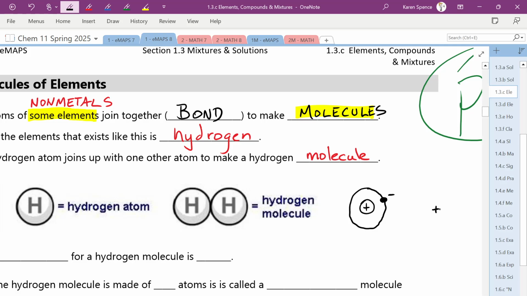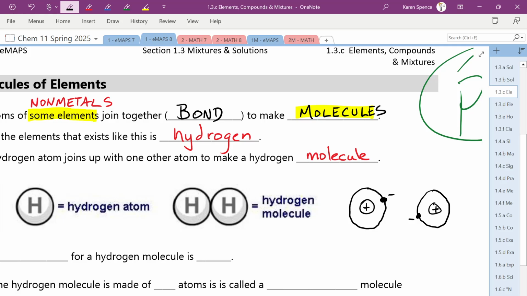Here's our other hydrogen atom with its proton and its electron. How many electrons makes a full shell number 1? 2. So is hydrogen full or not full?